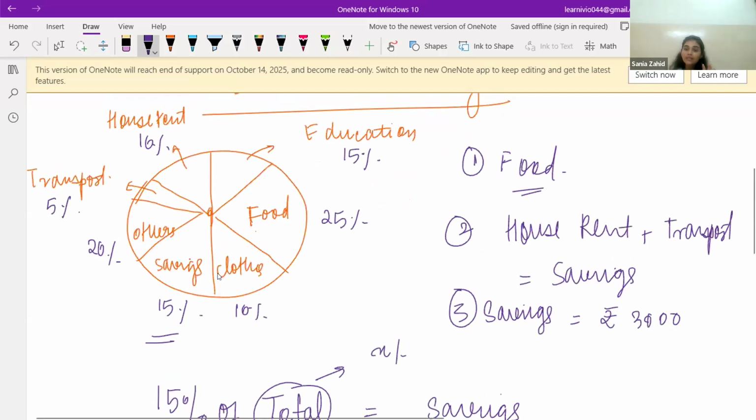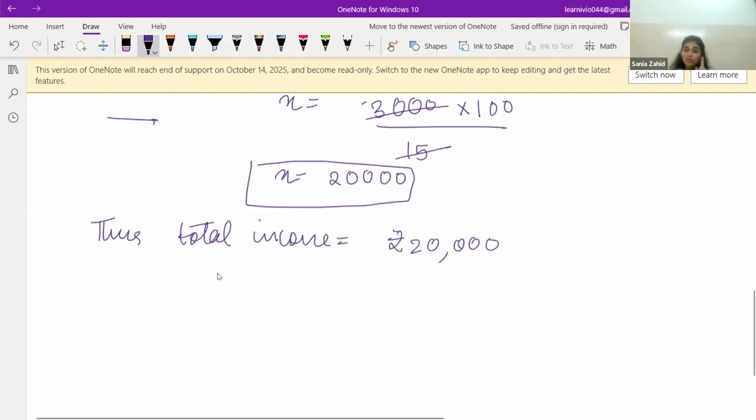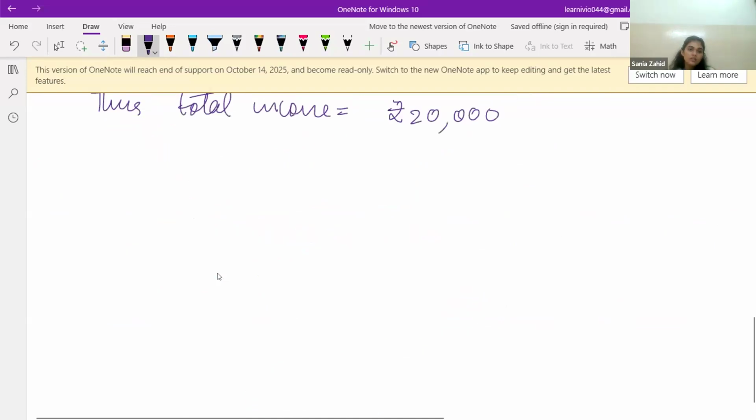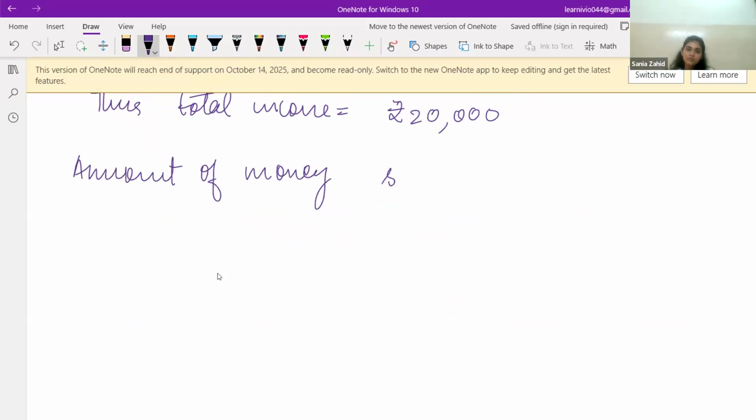Now the question was not find the total income. The question was find the amount of money that they're spending on clothes. So the amount of money spent on clothes equals to how much?